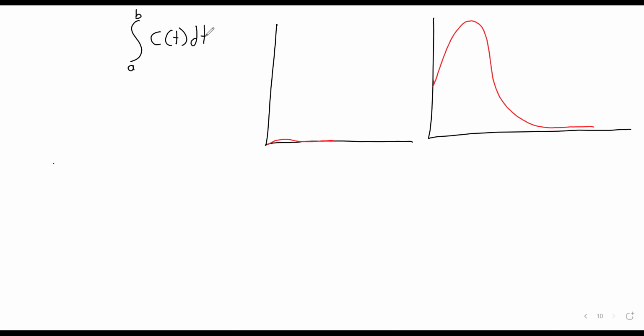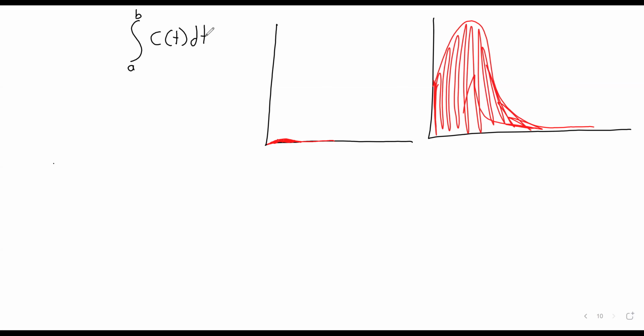How do you measure the difference between this and this? Well, in terms of calculus, this example, where the patient is only being exposed a little, has a very small area under the curve. Whereas in this example here, the patient has a very large area under the curve.